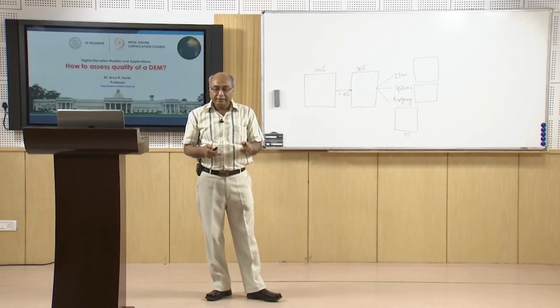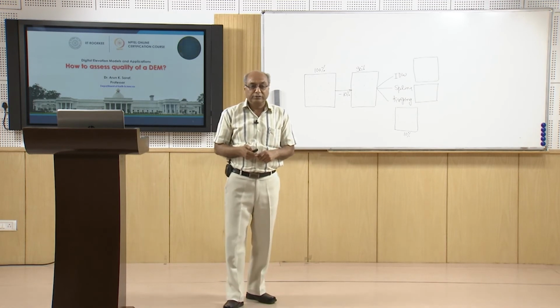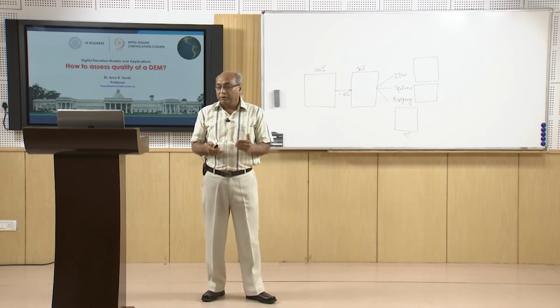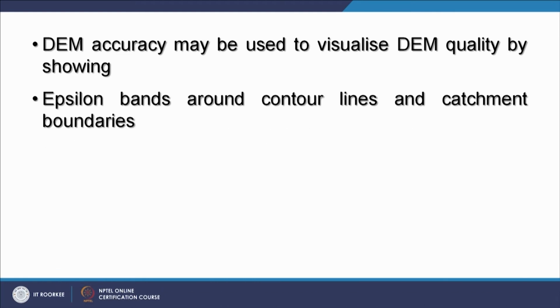And now this I have already mentioned, which interpolation techniques are best for a DEM, and this answer will also come from the check or the process which I have already discussed. So DEM accuracy may be used to visualize DEM quality by showing epsilon bands around contour lines and catchment boundaries.